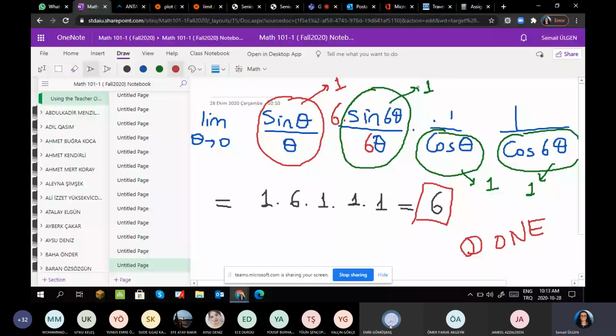So we multiply the numerator and the denominator by 6, so the value of this expression doesn't change. Because if you multiply the numerator and the denominator of an expression by the same number, the value doesn't change. That's the trick. And then we gather these together, and sine 6 theta over 6 theta goes to 1. This is going to be 6 times 1, and this is going to be 1, and this is going to be 1. So it is 6. Is this clear, Emir? Was that you? Yes, thank you, teacher.